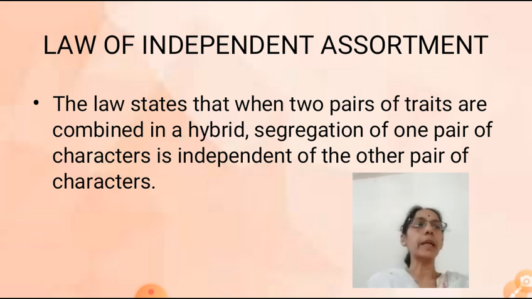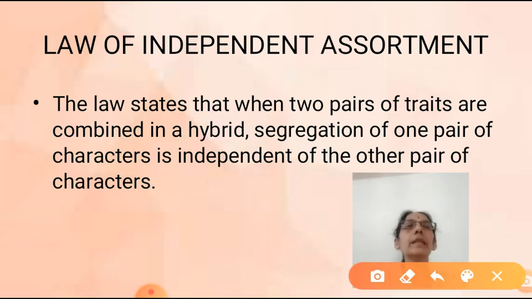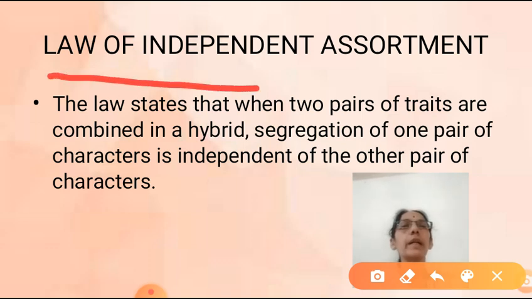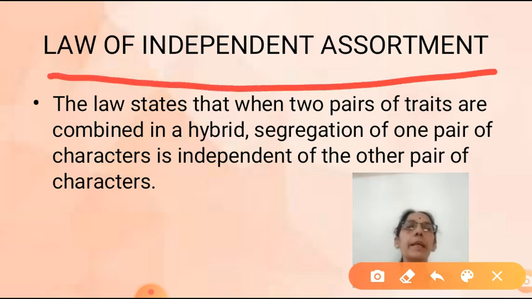Now after dihybrid cross, Mendel has formulated the third law of inheritance called as law of independent assortment. This law states that when two pairs of traits are combined in a hybrid, segregation of one pair of character is independent of the other one. That is, when we are combining two pairs of trait.